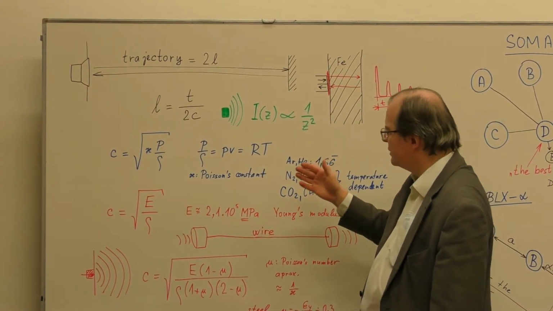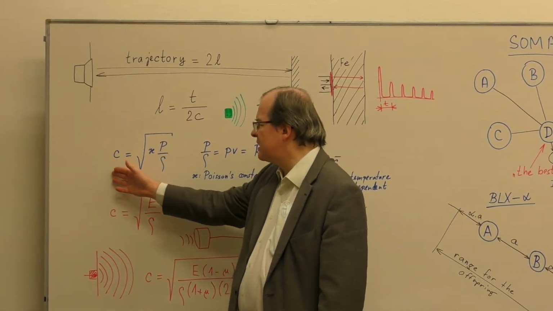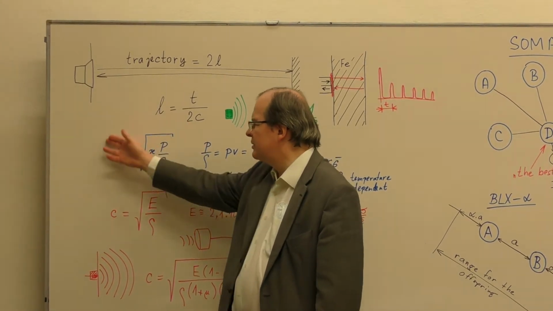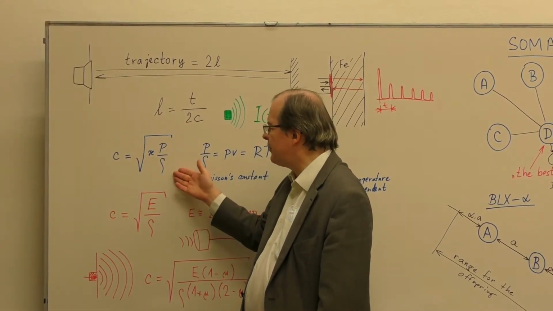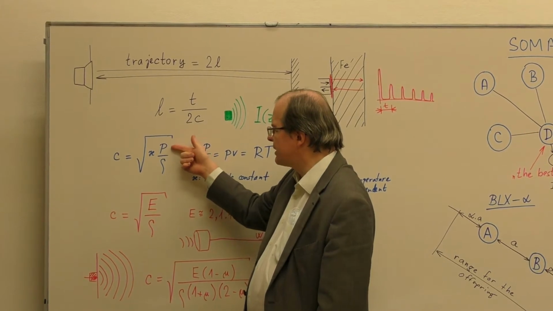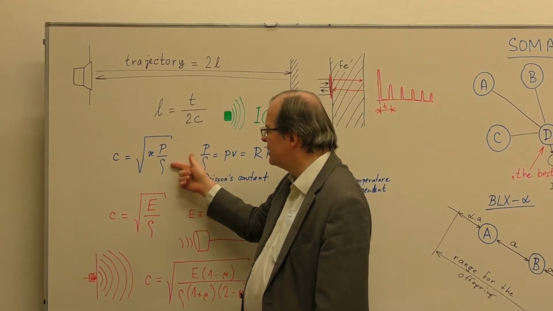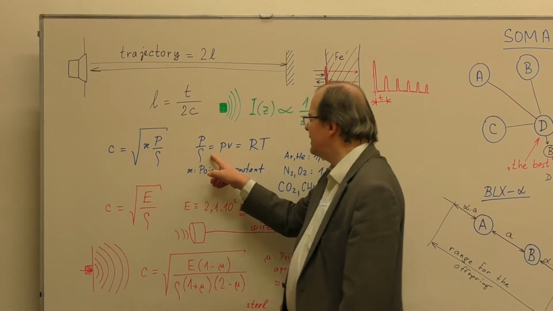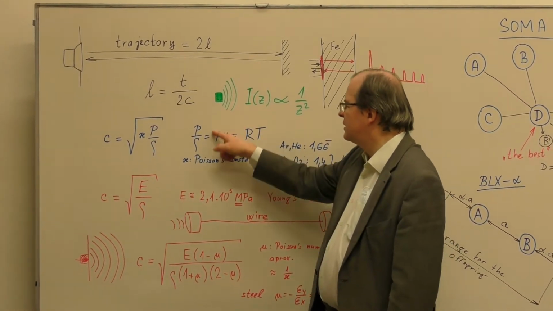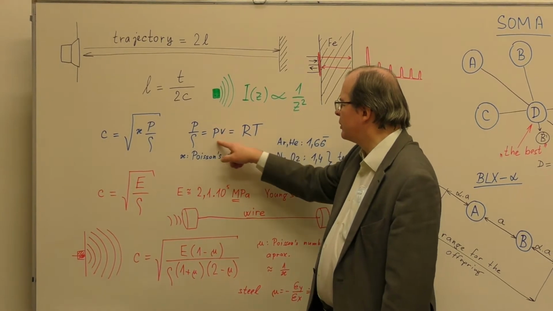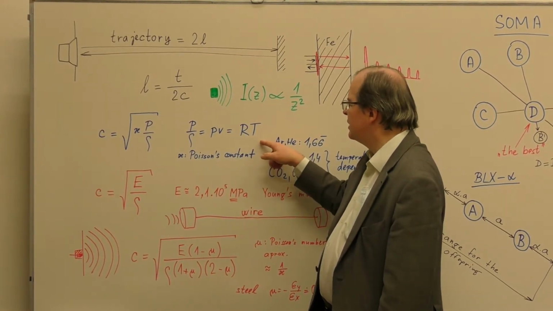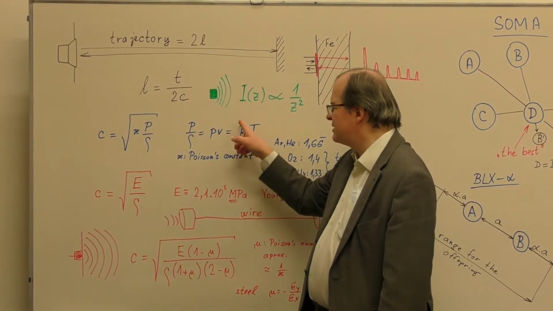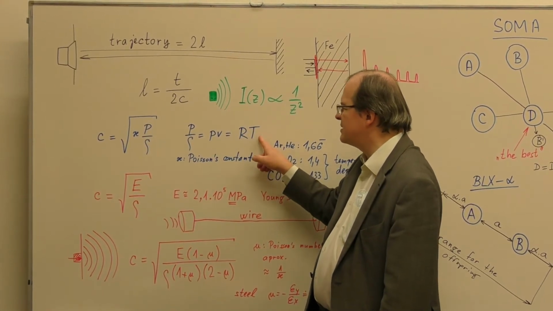In air, the speed of sound can be evaluated using this equation. So it's pressure, density, and Poisson's constant. We can rewrite it to the standard gas equation, and here it's visible that this is constant and this is temperature.